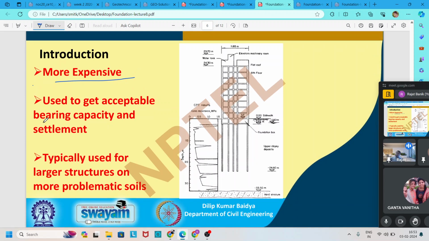Also, if the bearing capacity of the soil is very low, meaning the strength of the soil is less, and the settlement of the structure is very large, then we go with the deep foundation. Also, there may be the possibility of more problematic soil being present, then we go with the deep foundation.